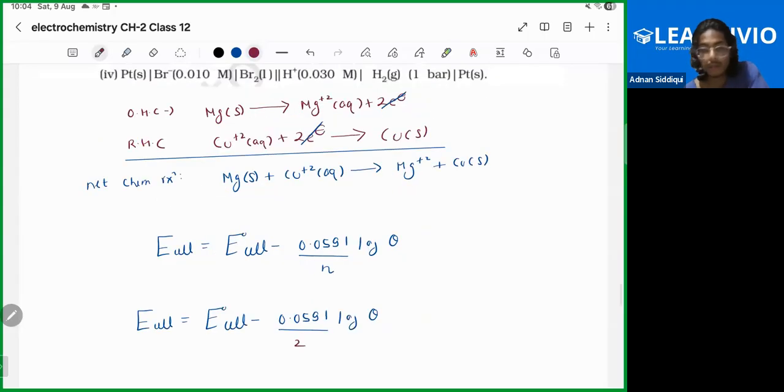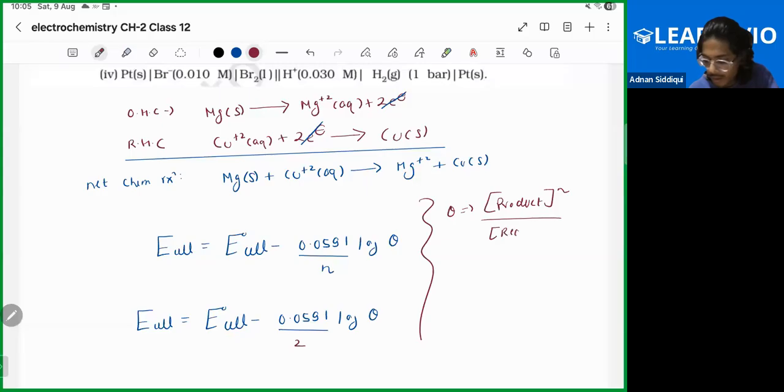What about theta? How are you going to calculate theta? For theta, we know it is the product concentration to the power stoichiometry, divided by the reactant concentration to the power stoichiometry.